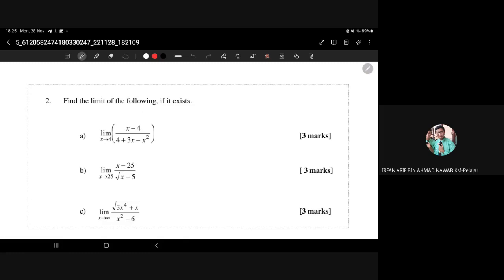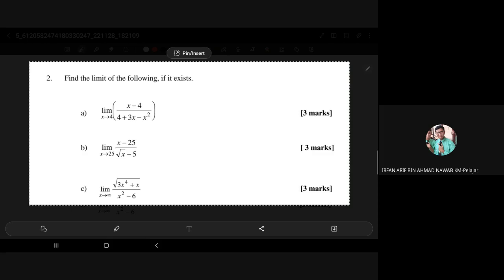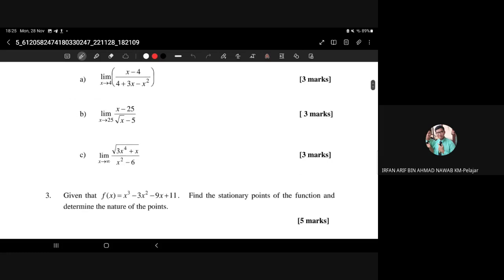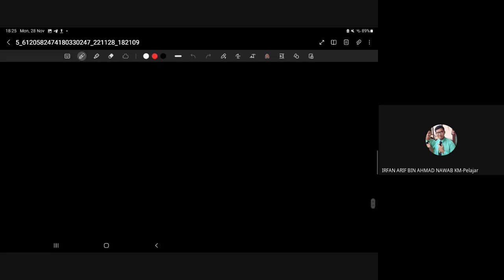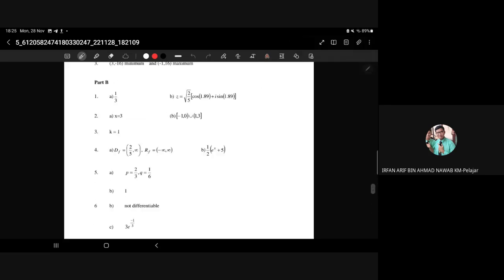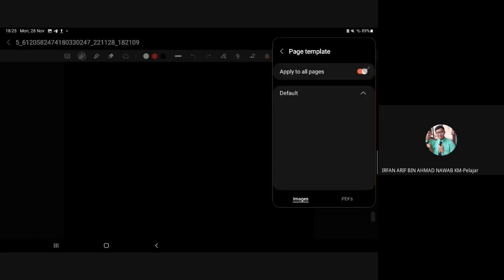Let me think for a moment. Alright, this is a scheme. If you guys want to try on your own, there is a scheme answer for it, then go ahead. Good luck. All the best.